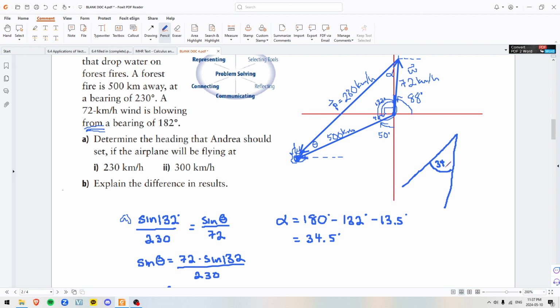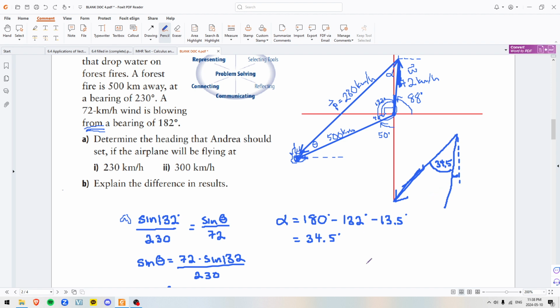What's interesting though, my angle from the south, this part right here, is the same as that little sliver we talked about, which is 2 degrees. And so if I were to say from the south, my bearing of this vector is going to be 2 degrees plus 34.5 degrees.